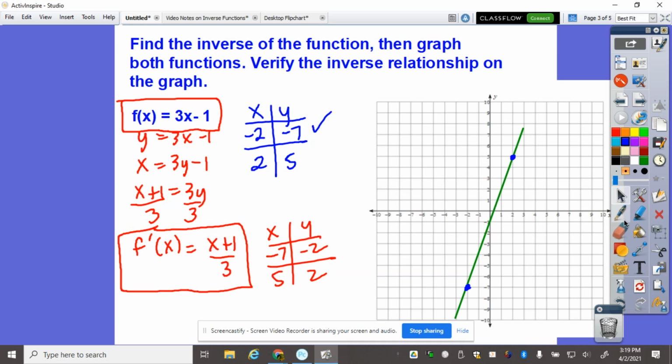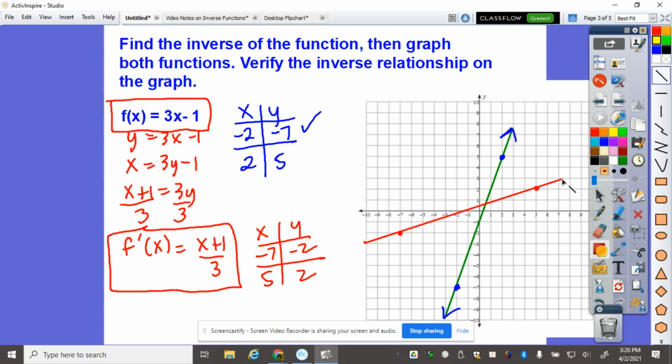And the other one, the arrowheads there. And the other one, we're going to connect negative 7, negative 2, and 5, 2. There you go.